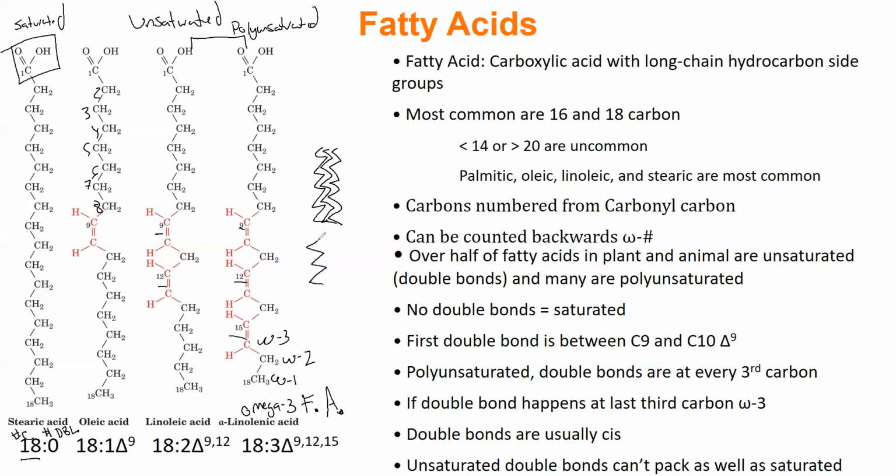But if you have a double bond like that, it's harder to pack these together because of that double bond. And so these will have a much lower melting point. So that's what I mean by can't pack as well. It's how close their tails can come together. So that is our naming scheme on fatty acids there.